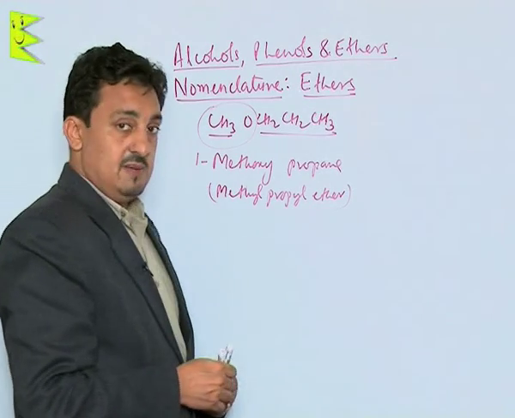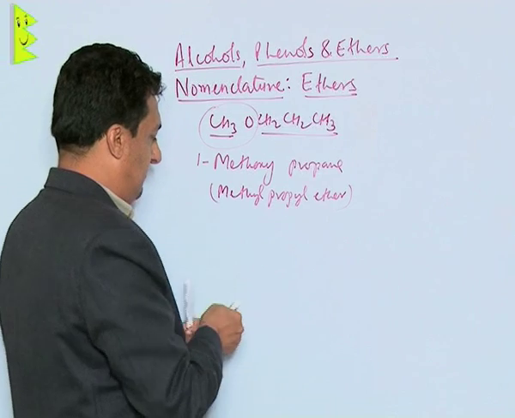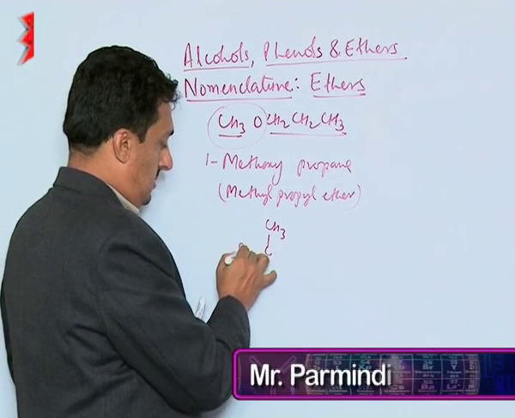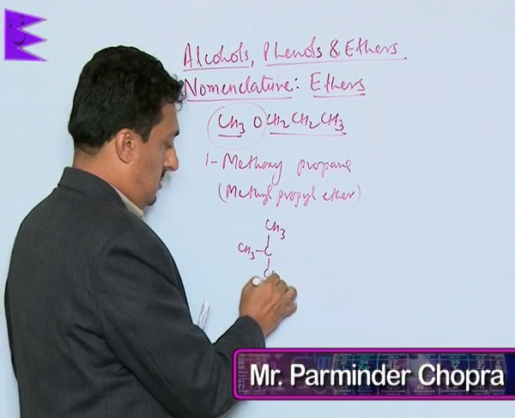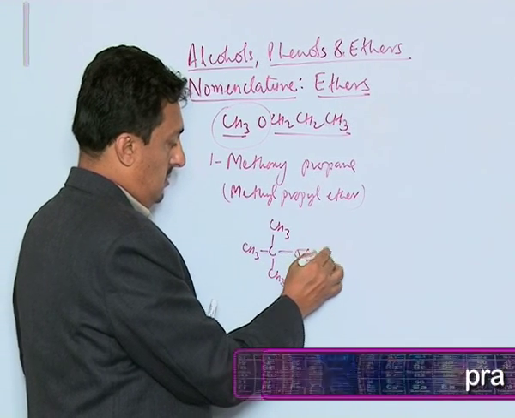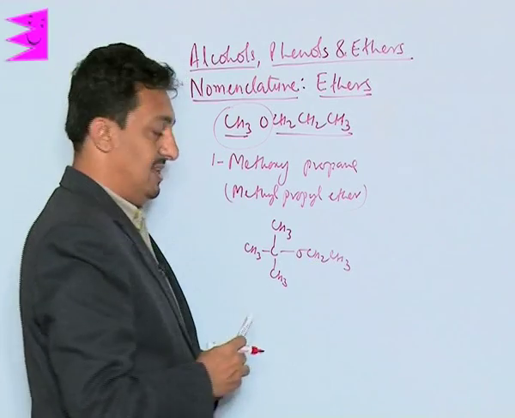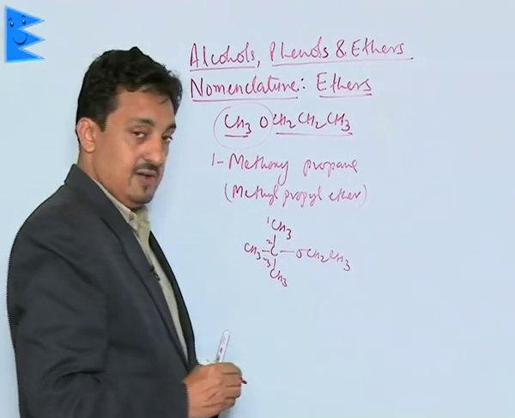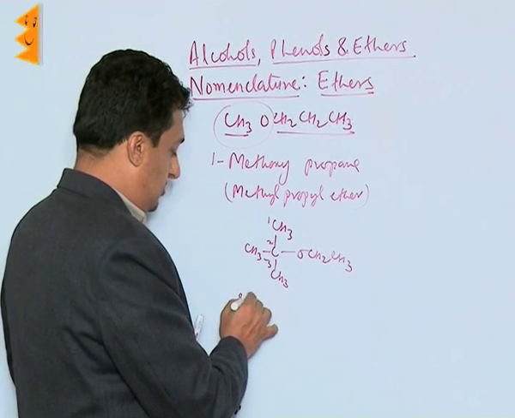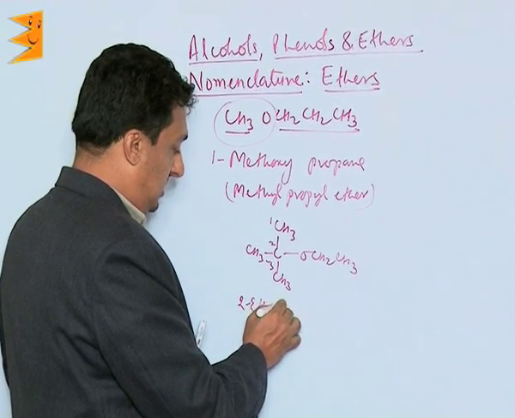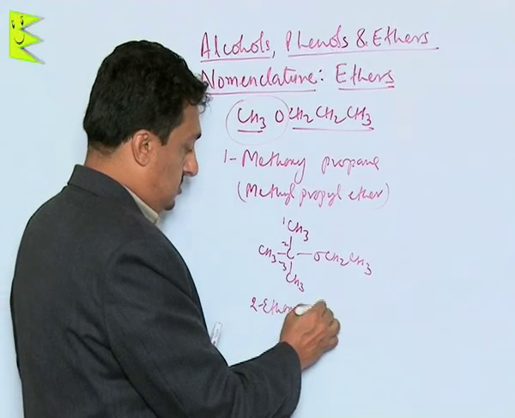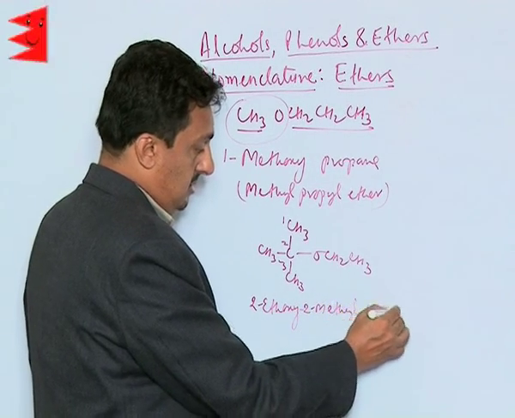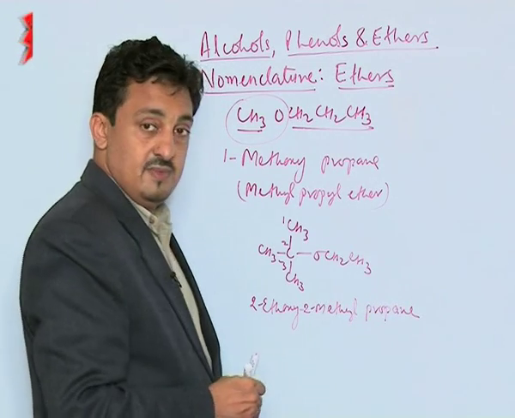We can have some other examples, like this type of unsymmetrical ether. How will we name it? IUPAC will take this as the longest chain, so we will call it 2-ethoxy-2-methylpropane.